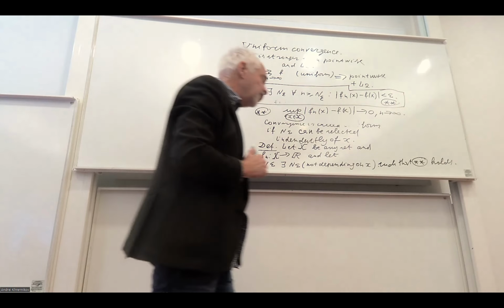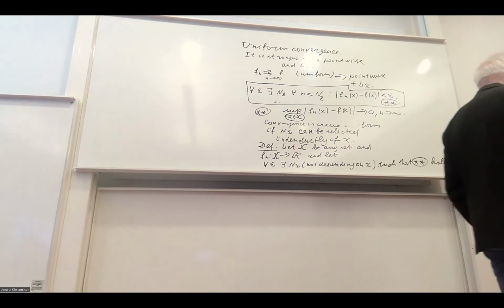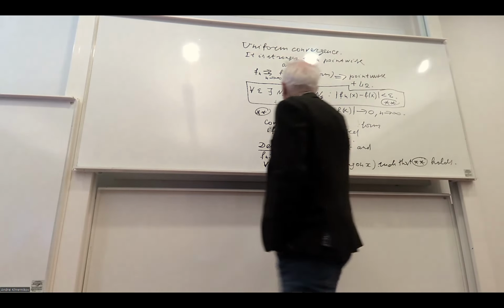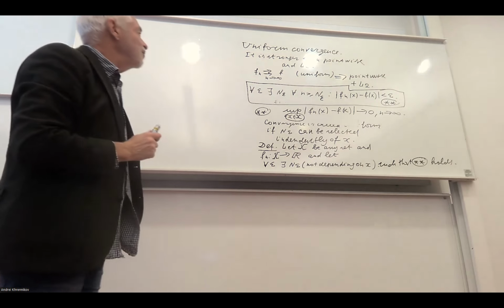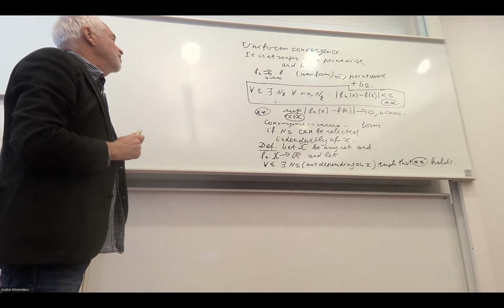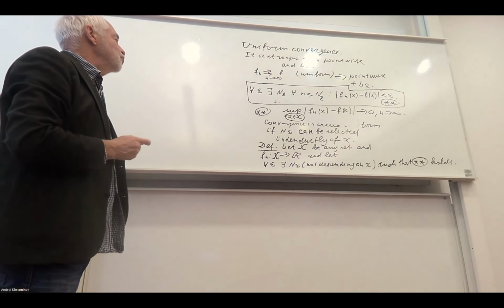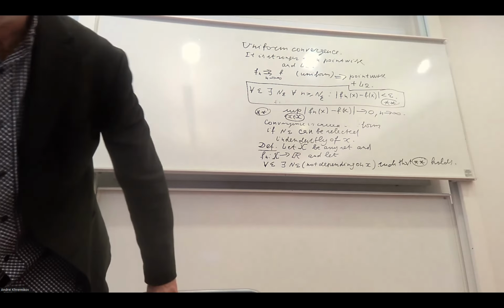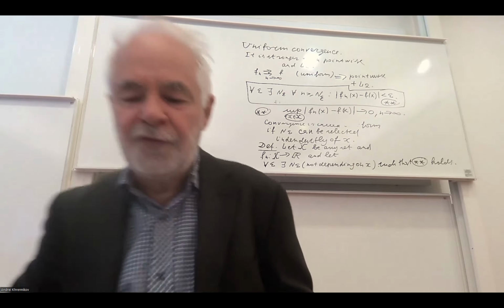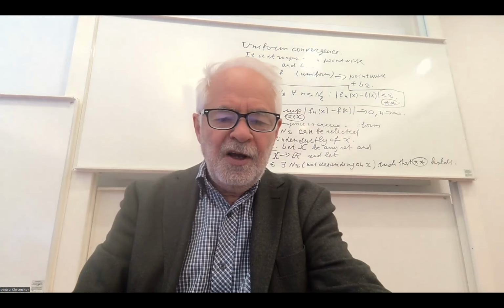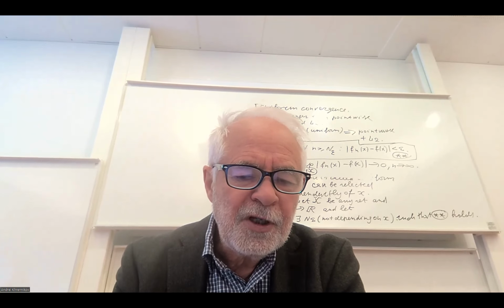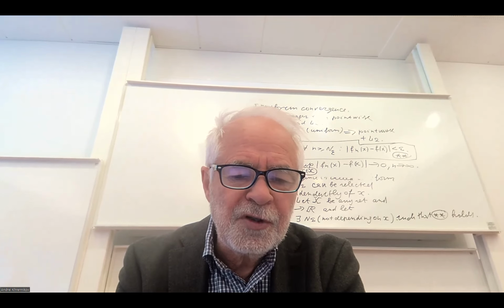So uniform convergence is convergence of the supremum, uniformly with respect to all x in our domain of definition, and this supremum of the difference should go to 0. Okay, let us make a break, and after the break we study the properties of uniform convergence, especially because it will be very much used in the course.